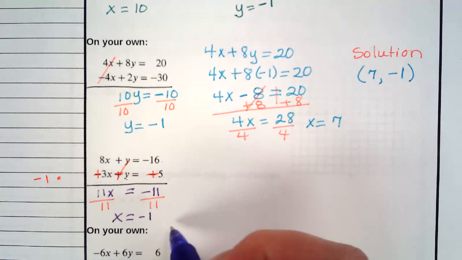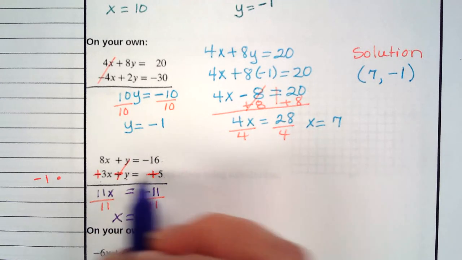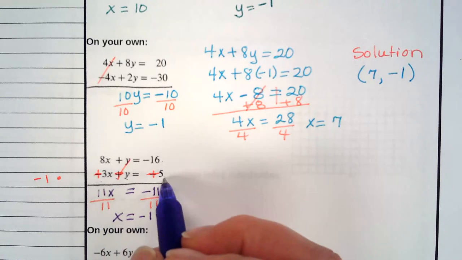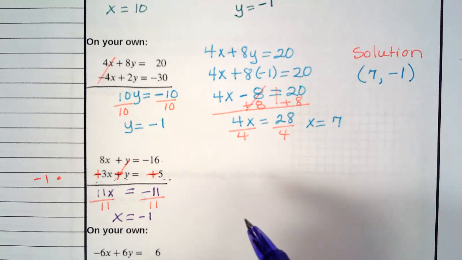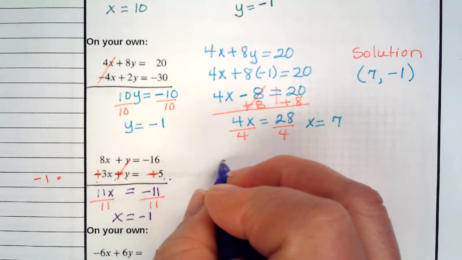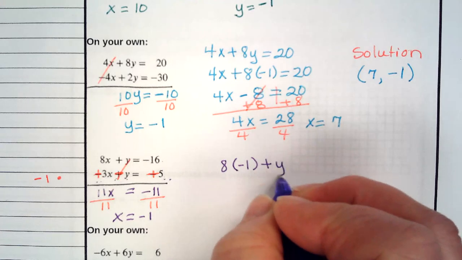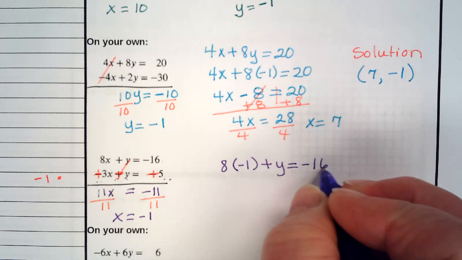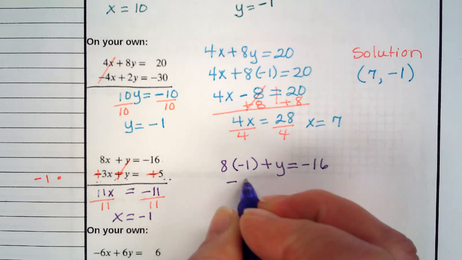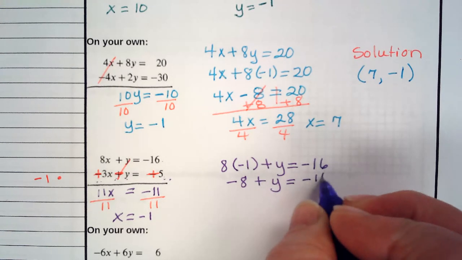Okay, I'm going to use the second one this time because I've got everything here. Well, maybe I'll go ahead and use the first one. So 8 times negative 1 plus y is equal to negative 16. Negative 8 plus y is equal to negative 16.